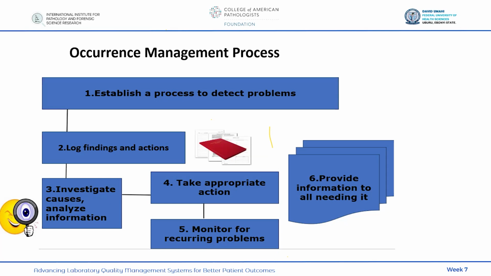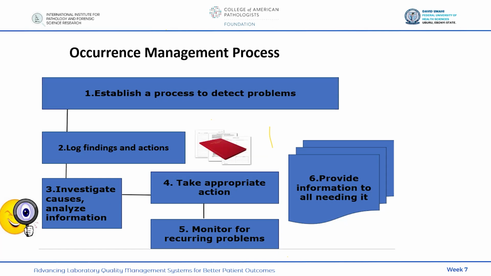So after the log finding and action, you analyze what you have gotten, so that you know the magnitude of the problem. Then you investigate, finding the root cause analysis, then take proper action, okay? And monitor, putting in place measures to ensure that this doesn't recur again, okay?